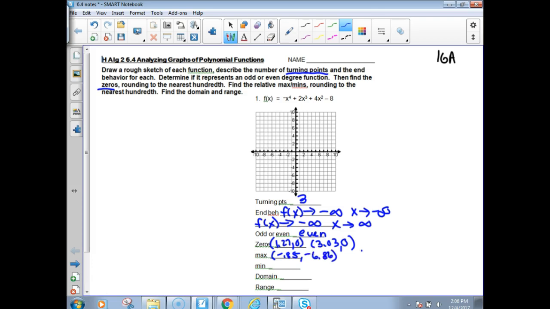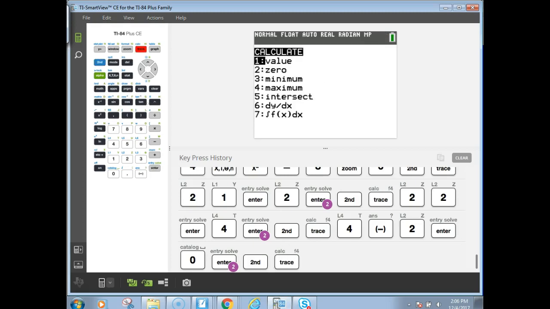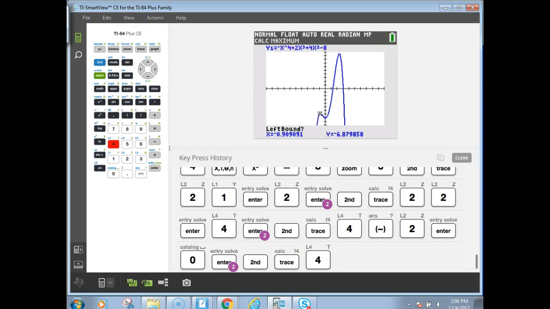And there's another one. So we go find the other one. So now I'm going to hit second, again, calculator trace, choice 4. And then I'm going to say this max is between 1 and 4, say. 1, enter, 4, enter. Enter again.